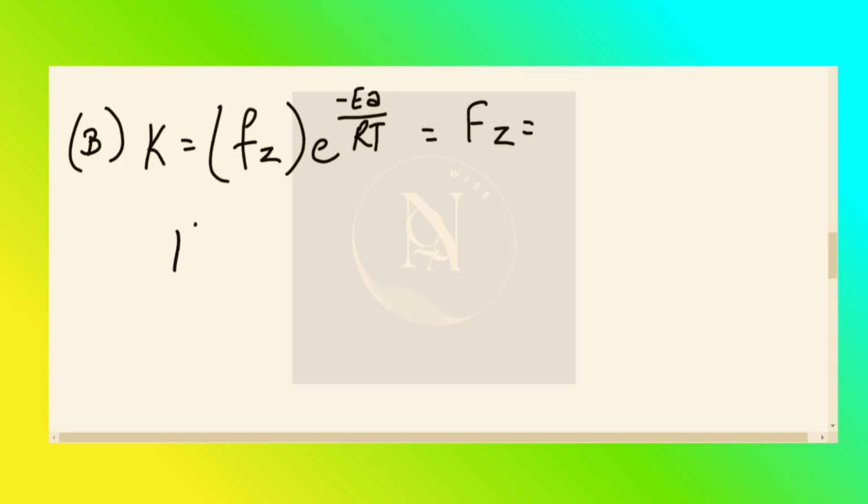So K equals alpha E raised to power negative Ea divided by RT, and in this case T is the same.